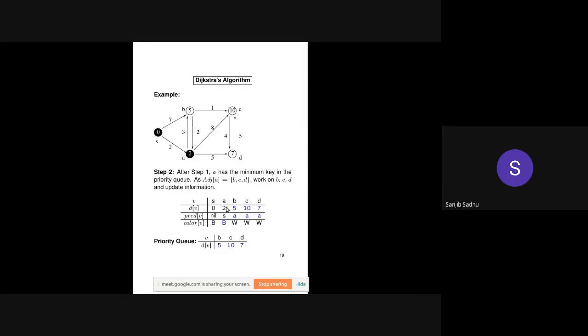Clear? So now among these white vertices, I will create the priority queue, means update the priority queue. So which one will be the minimum? This 5. So in the next stage, which vertex will be chosen? Tell me.